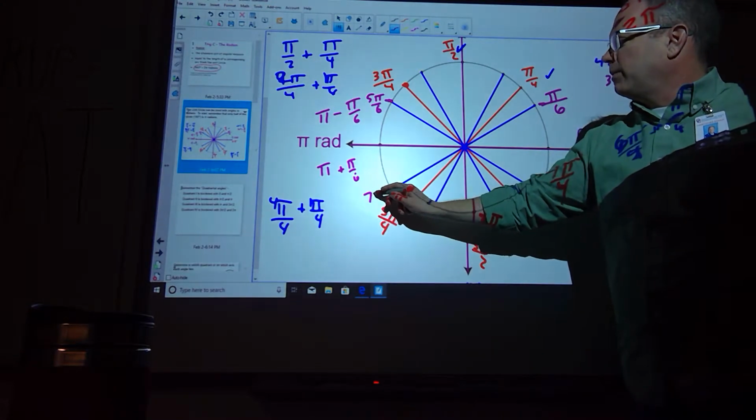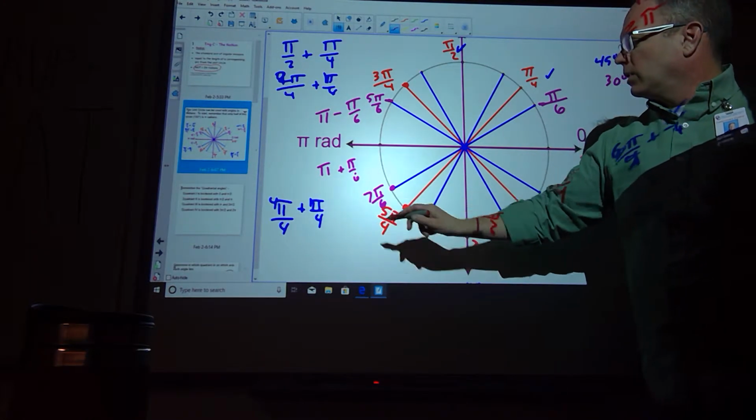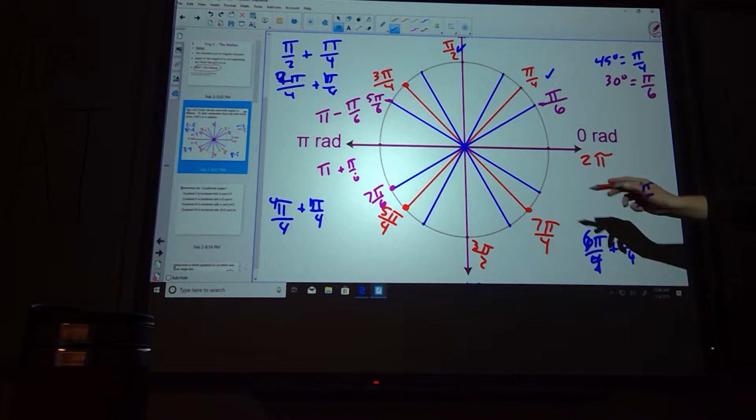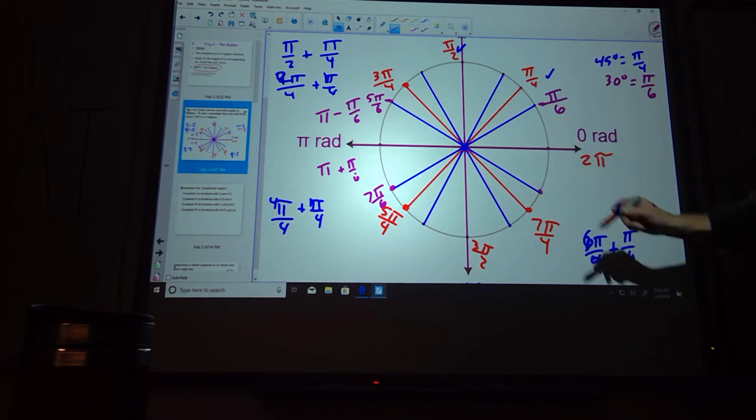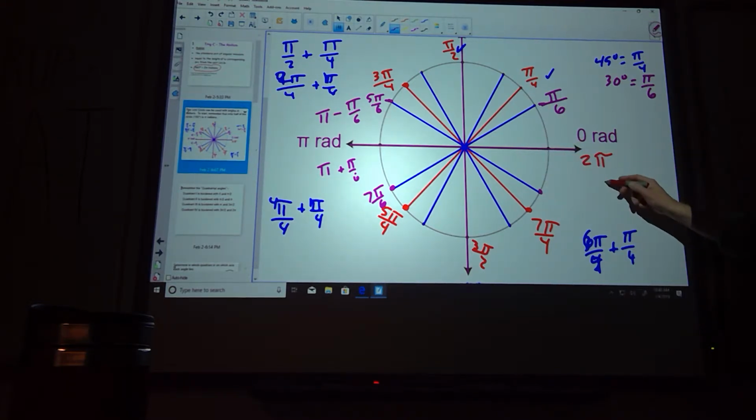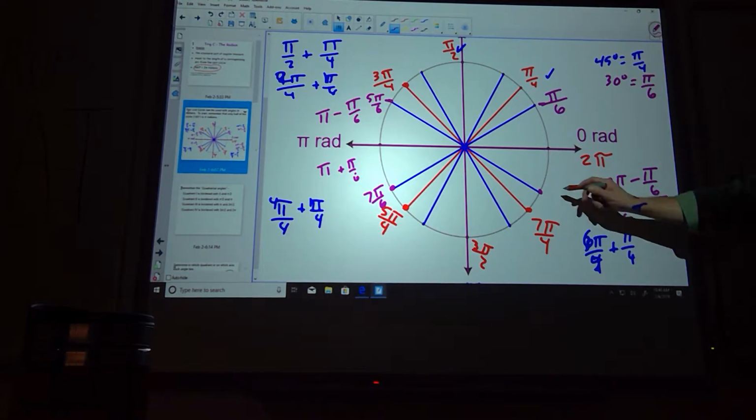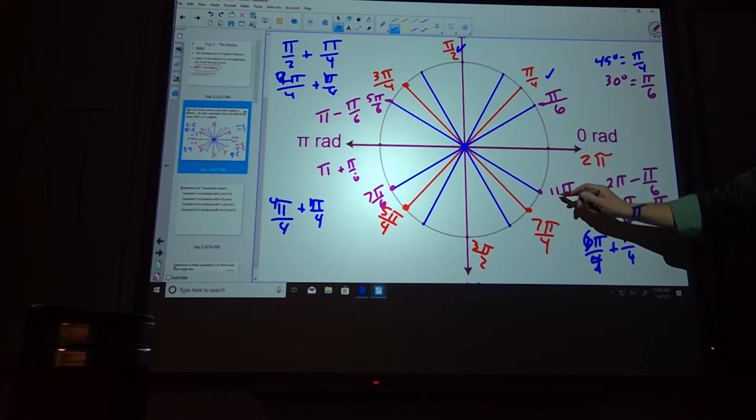So that's going to give me 7 pi over 6. And then this 30-degree angle here, and again, we're referencing up there, I'm going to go 2 pi minus pi over 6. So that's 12 pi over 6 as a common denominator minus pi over 6. That's going to give me 11 pi over 6.